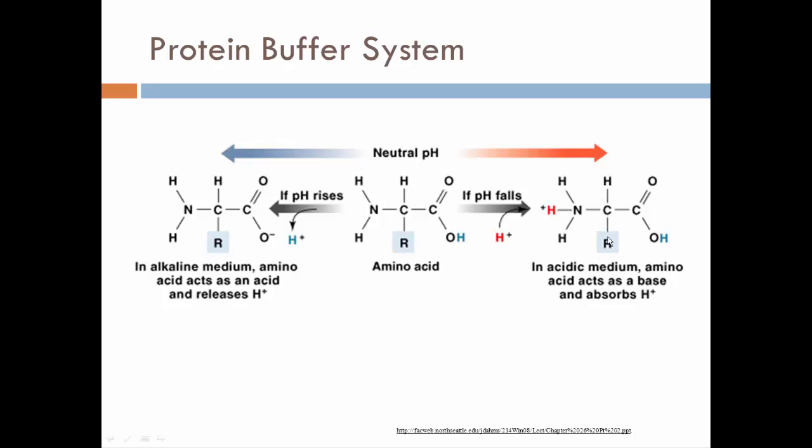Whereas if the pH rises, then we've got too few hydrogen ions, and so we can take a hydrogen ion off the carboxyl group and put it into solution, thereby lowering the pH because we're adding donated hydrogens to the solution.